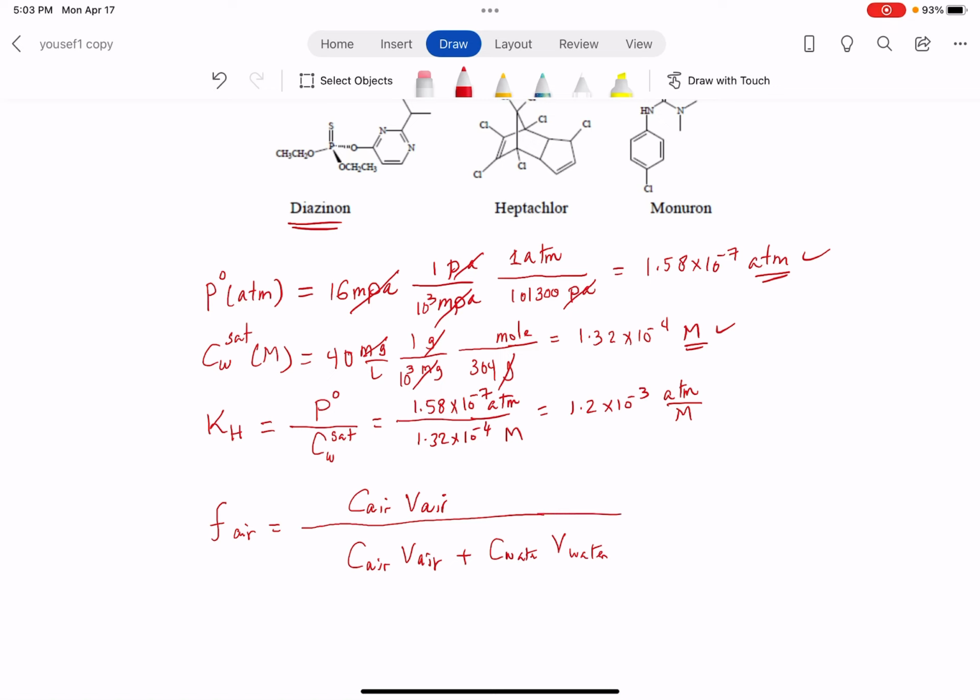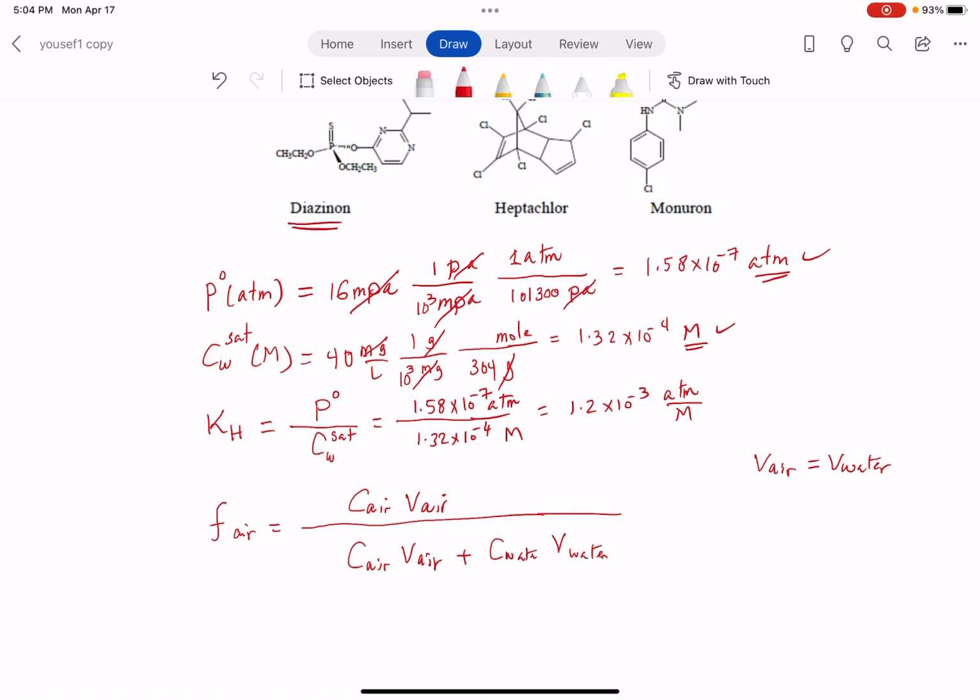Remember, in one of the slides, we divide by the volume, because the volume of air and water are equal. Volume of air equals volume of water.